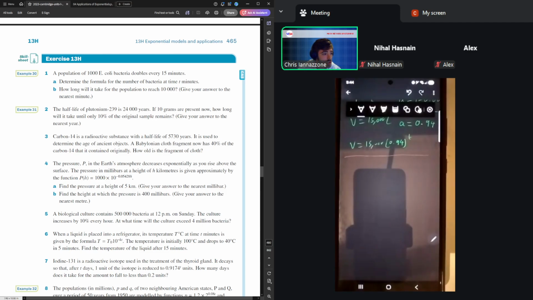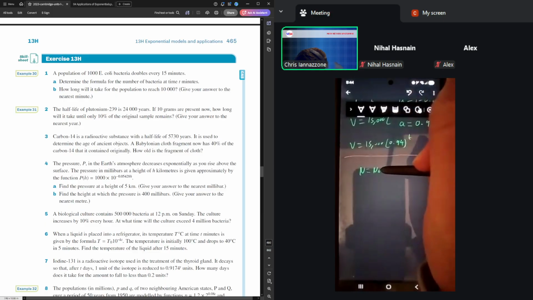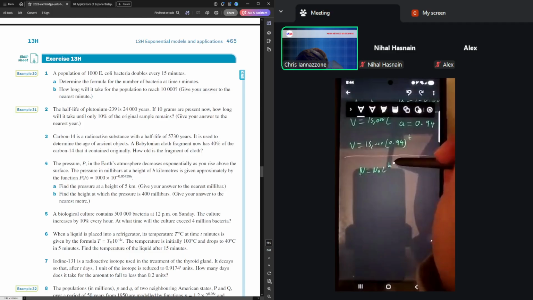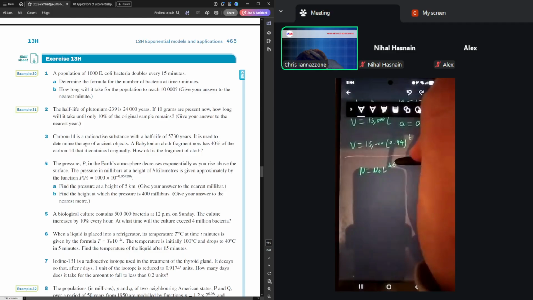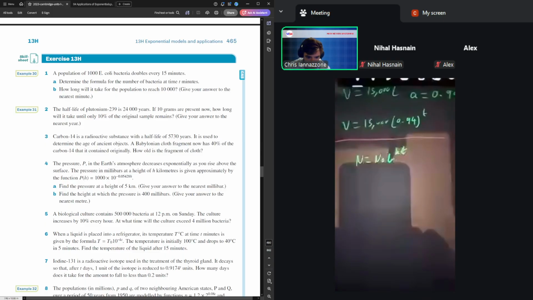For question A, we're just trying to figure out what the formula for the exponential equation would be. So all of them start out as some N equals N naught b to the kt. We've got to figure out N naught, b, and k.